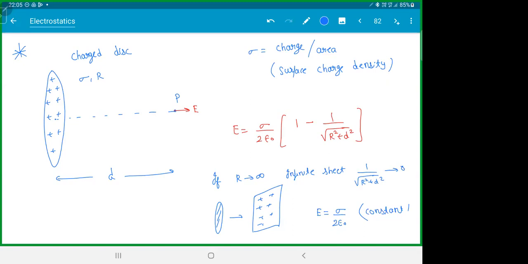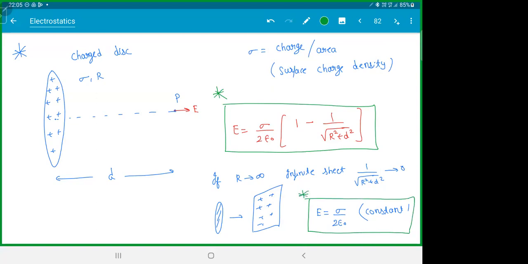This is a disk. The previous thing was a ring. This was a disk result, and this is the result due to a sheet. Clear?